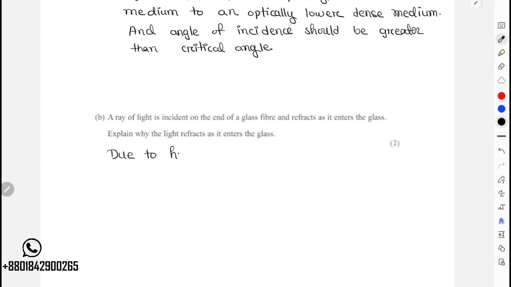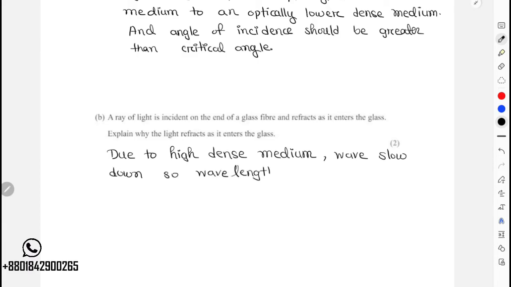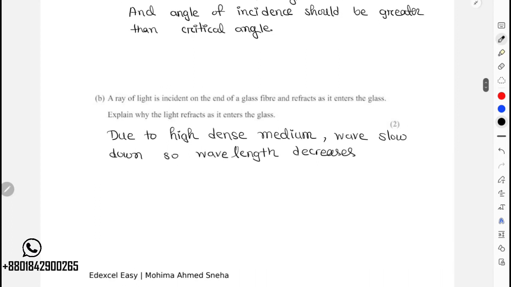Due to high dense medium, wave slows down, so wavelength decreases, and therefore the direction also changes.